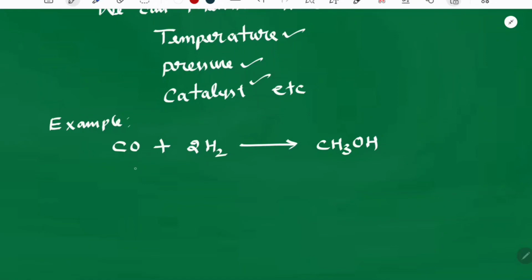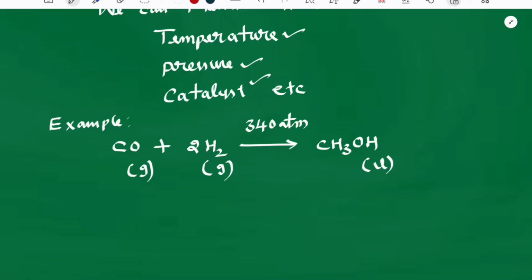Here carbon monoxide is a gas and hydrogen is also a gas. Methyl alcohol is liquid. But here the condition is pressure. This pressure is mentioned right above or below the arrow mark. Whatever conditions there are, we can mention above or below the arrow mark.